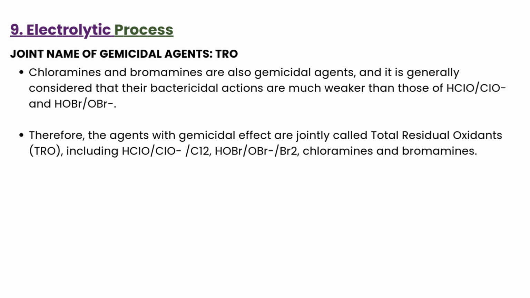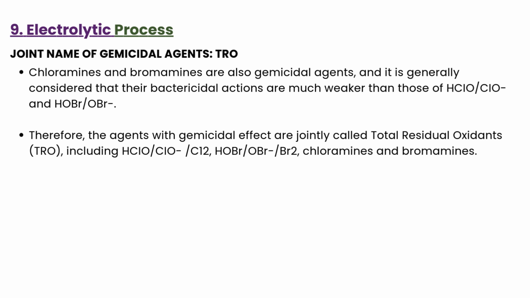Chloramine and bromamine are also germicidal agents, and it is generally considered that their bacterial action is much weaker than that of chlorine dioxide, and also of bromine dibromide, which is generated through electrolysis of the seawater. Neutralization: before discharging the treated ballast water, any remaining chlorine is neutralized to make sure that it does not harm the local marine environment.